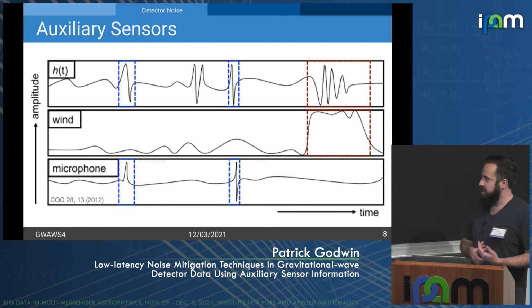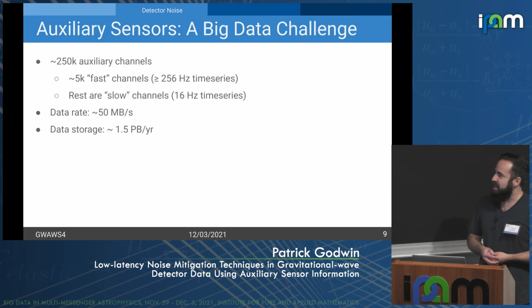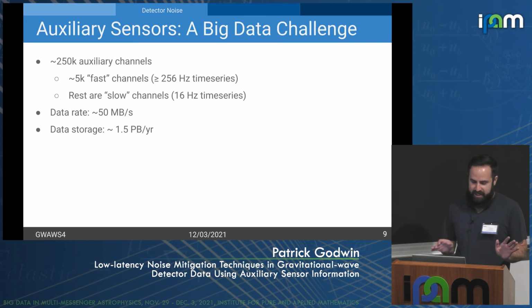But in addition, we have all these auxiliary sensors, things that monitor the physical environment, things like wind sensors, microphones, seismometers, etc. So it's a lot of data. Overall, for O3 around now, we record about 250,000 auxiliary channels.